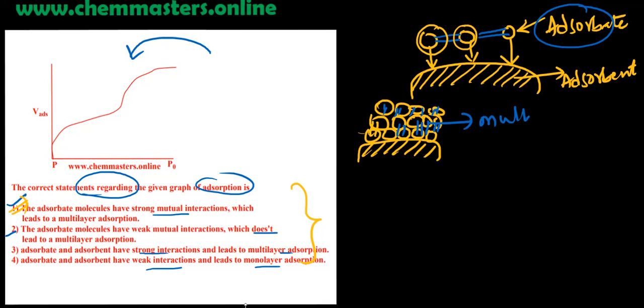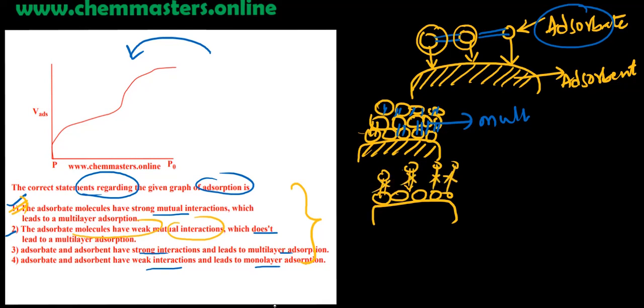Okay, now just look at the next case. For example, the adsorbate molecules have weak mutual interactions. Then what happens? After making the monolayer, these adsorbate molecules cannot make multilayers because they have weak interactions between the adsorbate molecules.